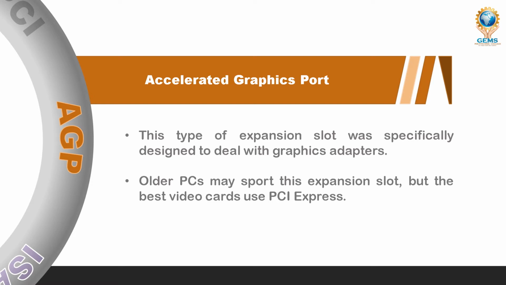AGP Pro cards come for workstation-class cards used to accelerate professional computer-aided design. And 64-bit AGP was once proposed as an optional standard for AGP 3.0 in a draft document.